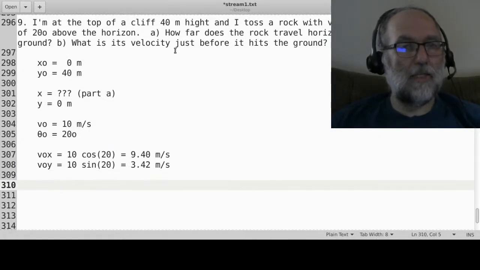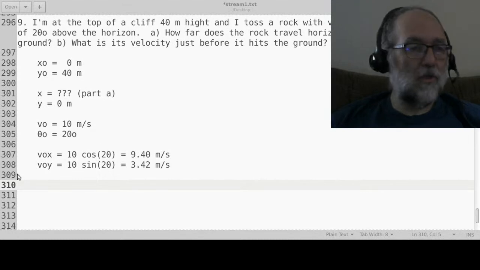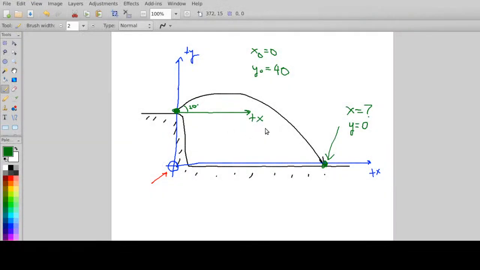There's our initial velocity. What about the final velocity? Let's go back to the diagram for a second. The final velocity would be the velocity, let me circle it in red here, down there. In other words, we're looking for Vx and Vy. Vx is easy because Vx doesn't change along the x direction.